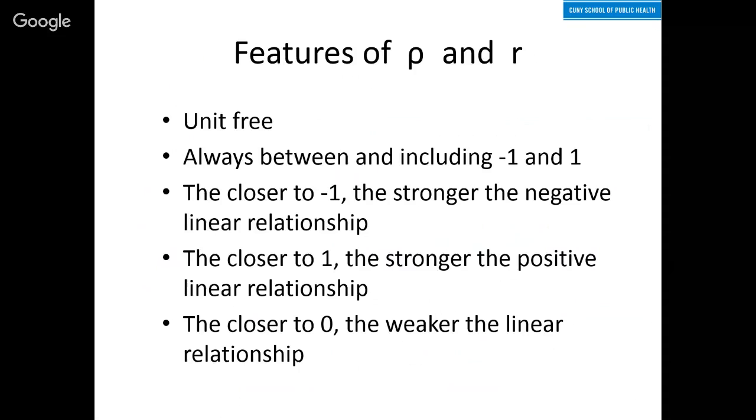And by the way, if you take your data and convert it between kilograms and pounds and grams, or make any of those kinds of unit conversions, it has no effect on rho or R. So the closer to -1, the stronger the negative linear relationship, and the closer to 1, the stronger the positive linear relationship. And if it's close to 0, it means there's very little linear relationship at all.